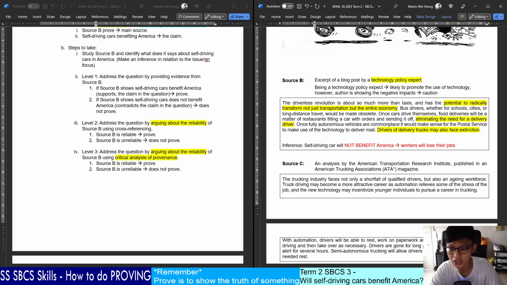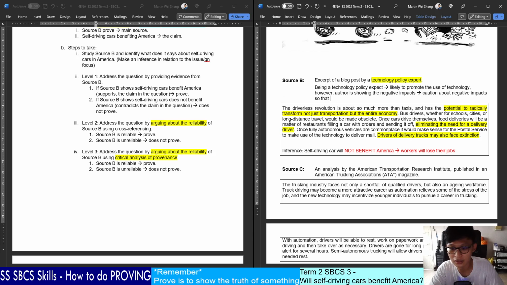He is cautioning about negative impacts so that policy makers can prevent the loss of jobs when they introduce self-driving cars.